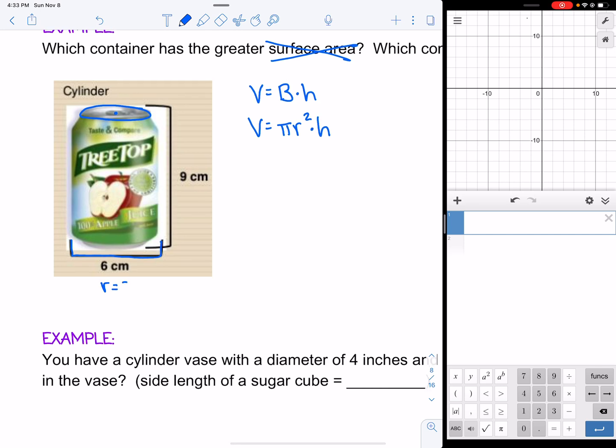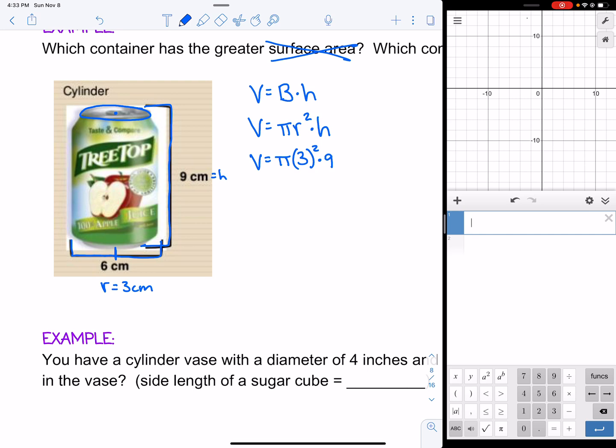So the radius would just need to be half of that, which would be 3 centimeters. So let's fill in pi times 3, which is our radius, squared, times the height, which was the 9 that they wrote over there on the side of the can.